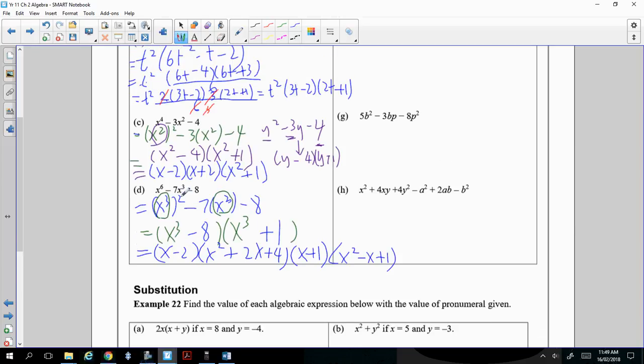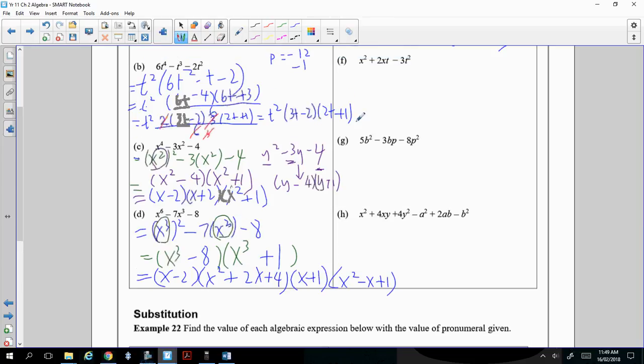Now, we've still got a few more to do. Let's look at the other one soon. I have to think of a way to explain f. Again, f is like a quadratic, but in a different way from c, because there are two variables. Right, so that's the tricky bit. So what do I do? All right, let's do the f1.